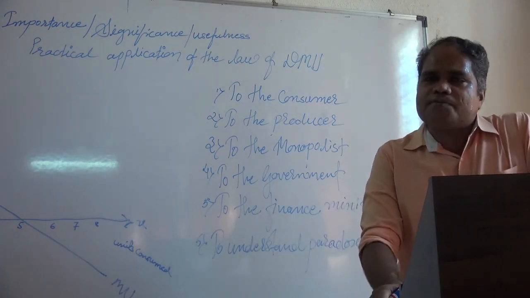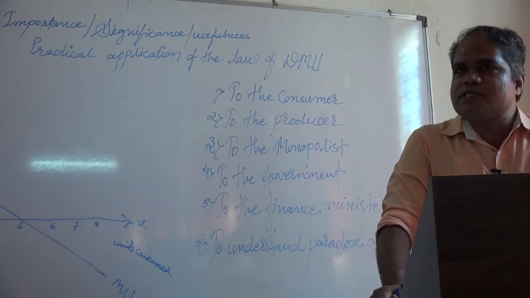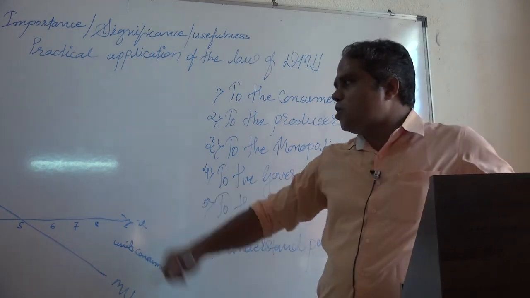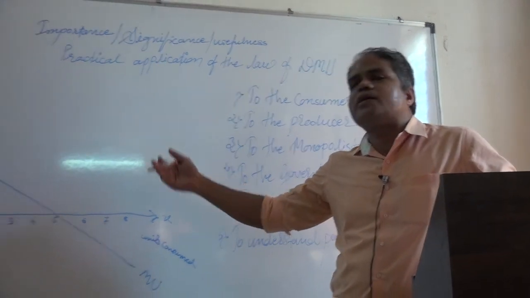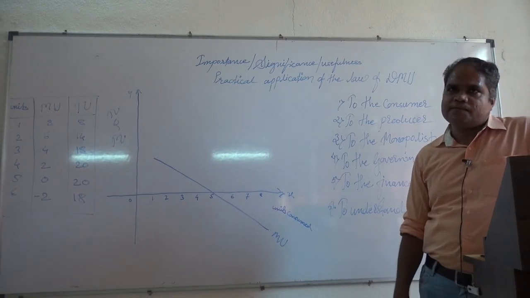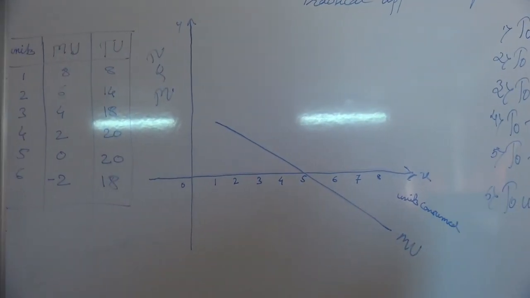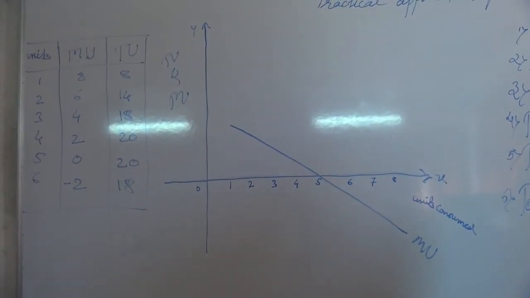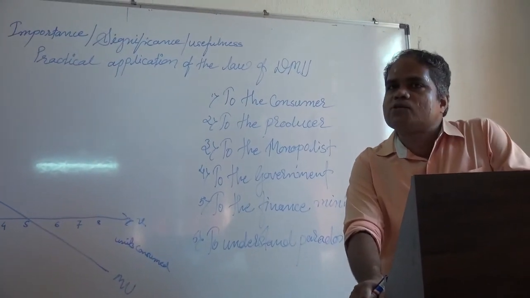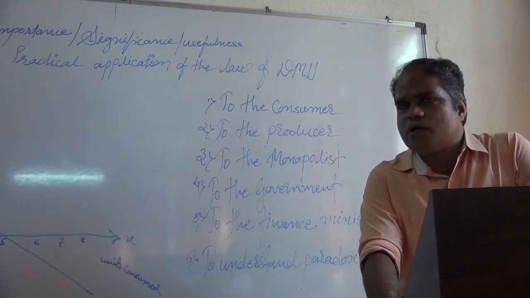The government or finance minister can impose higher tax on the higher income group and lower tax on the lower income group, because as per the law of diminishing marginal utility, as the level of income increases, the marginal utility of money decreases. Therefore the government or finance minister imposes higher tax on rich class people and lower tax on lower income group people.